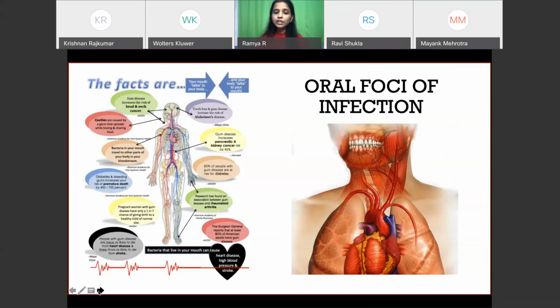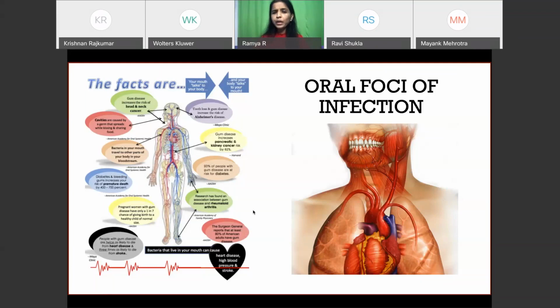But once there is a shift from the normal to the pathological spectra of microbial flora, which happens when you have carious teeth or gingivitis, any small pathology can shift the microbial spectra. Those pathological microbes will not just sit inside the mouth; they travel along the circulatory system, causing a lot of problems throughout the body.